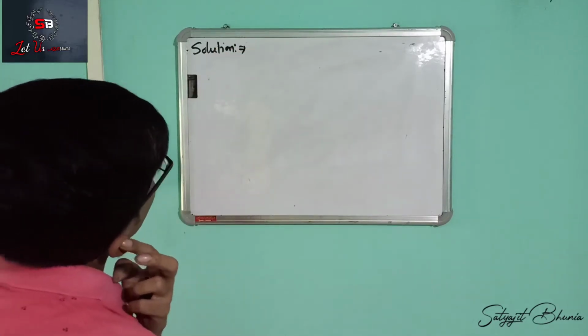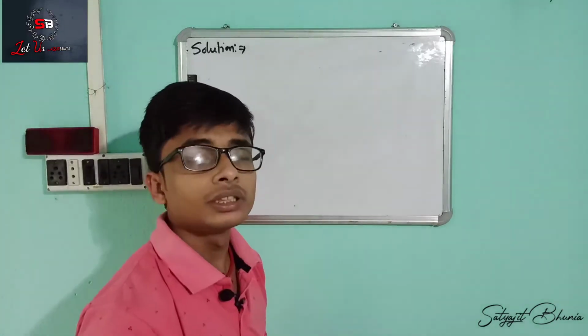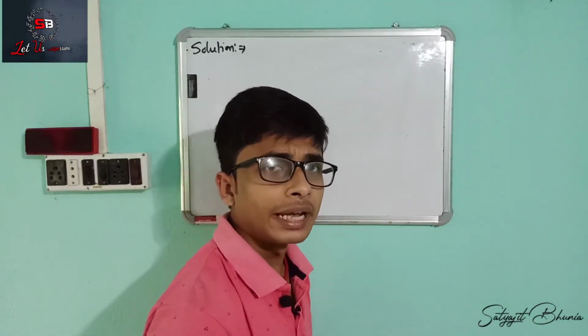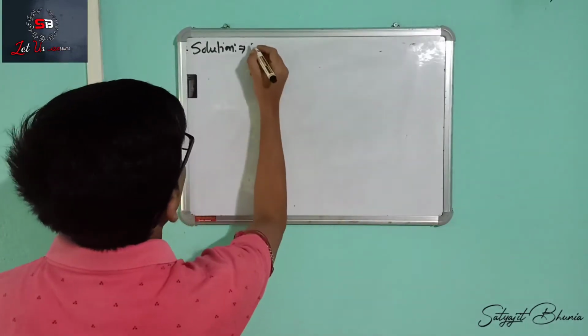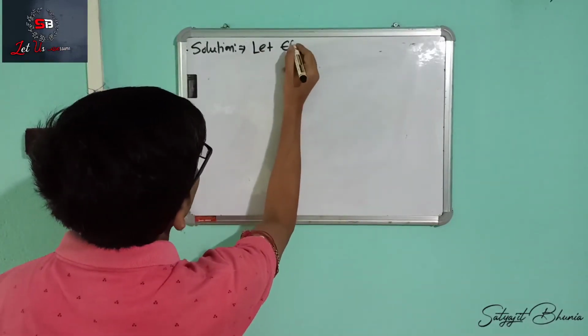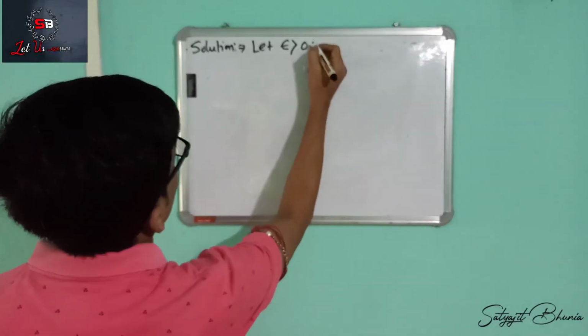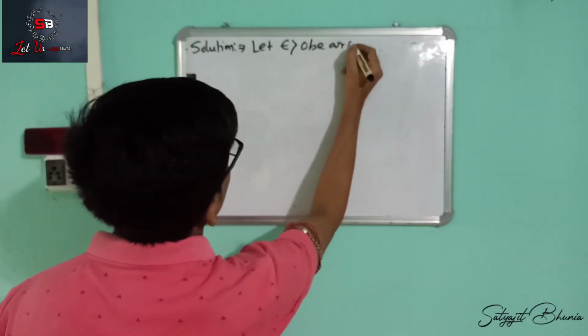What is given? Limit of un as n tends to infinity is equal to l, and limit of vn as n tends to infinity is equal to m. Let epsilon greater than 0 be arbitrary.